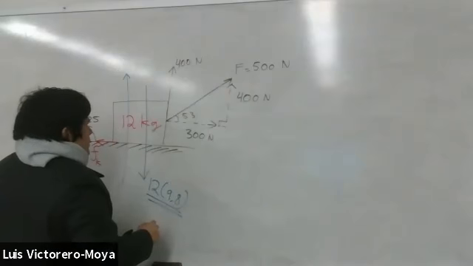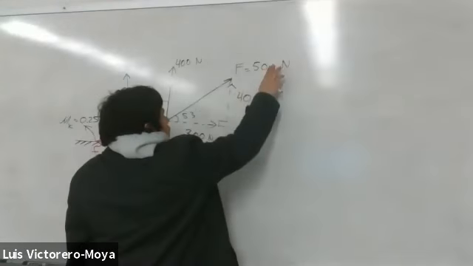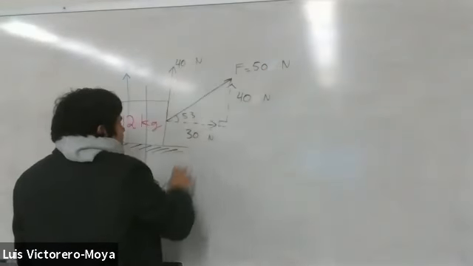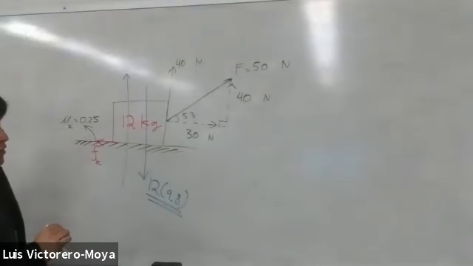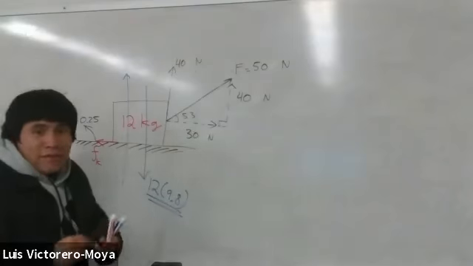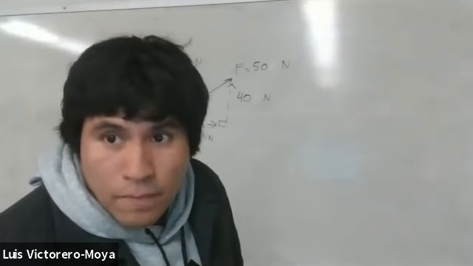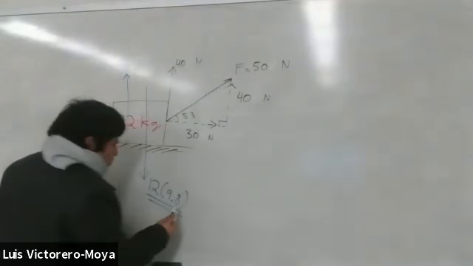Okay, let's change some of these values to 50, 40, and this thing. You will see now in a second why it was too much force. 12 kilograms is not a lot. So 12 times 9.8 is 117.6.